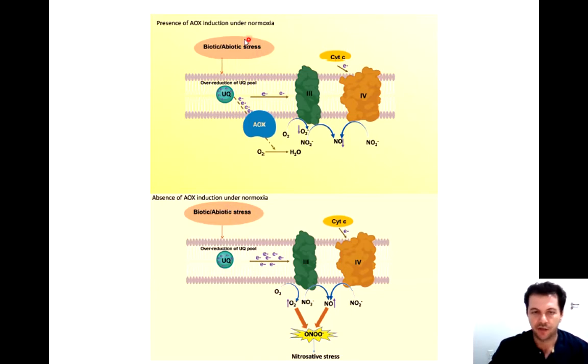In this situation, instead of the electrons going to complex 3, AOX is taking these electrons to avoid the overproduction of reactive oxygen. This overproduction is very dangerous for the cell, and this enzyme takes these electrons and converts oxygen to water. By converting oxygen to water, you avoid these molecules that can be dangerous for the cell.